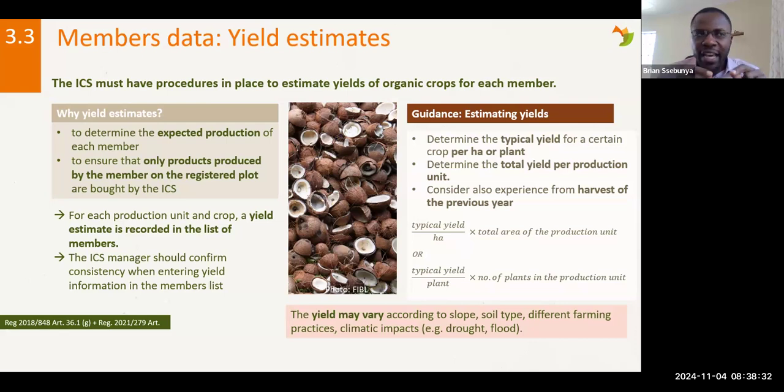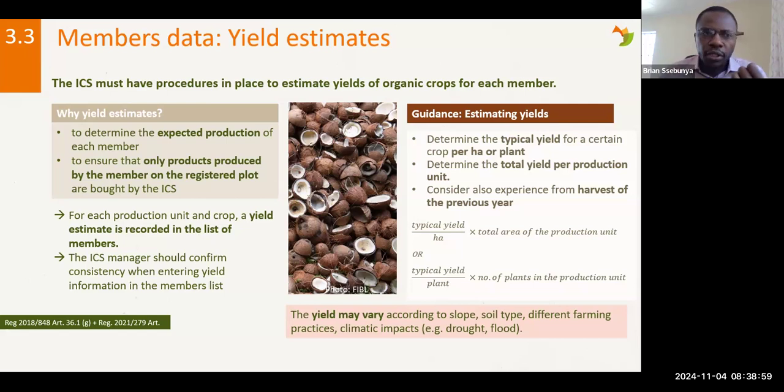Then on the question of, yes, there are two things you're talking about here. The first requirement, and this we mentioned during our module 1, when we talk about the 5-hectare limit for members of a group of operators, we are referring to all parcels of land under management by the farmer, whether organic or not.